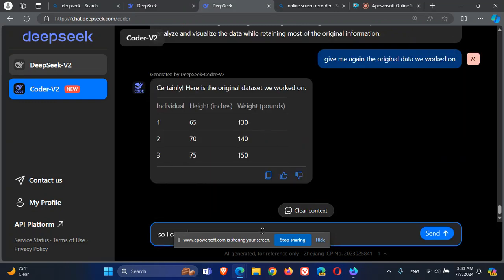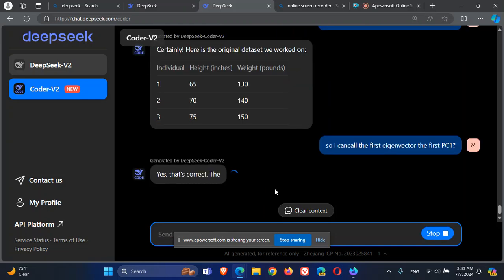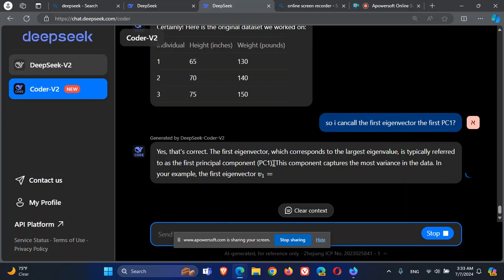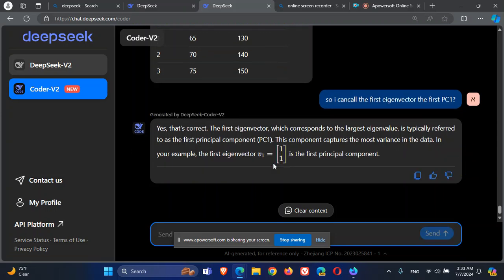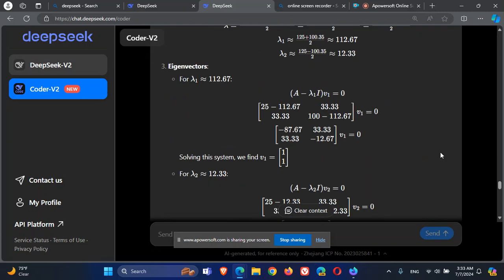So I can call the first eigenvector the first principal component. As you can see here, the first eigenvector is the first principal component. Okay, so this is it.